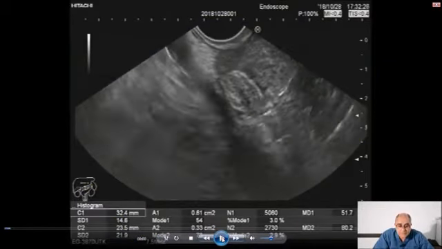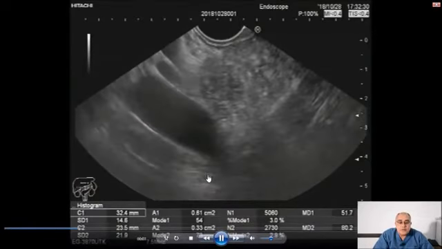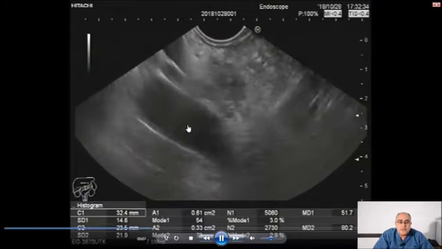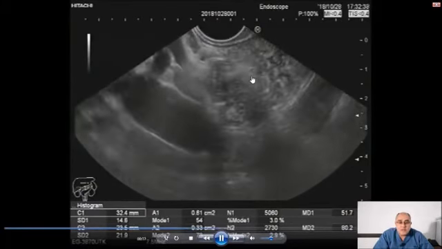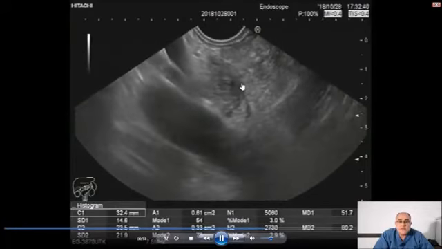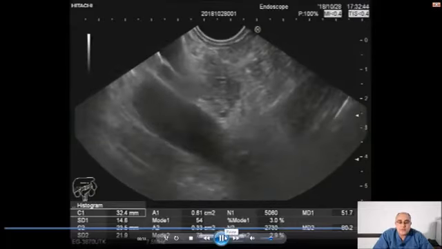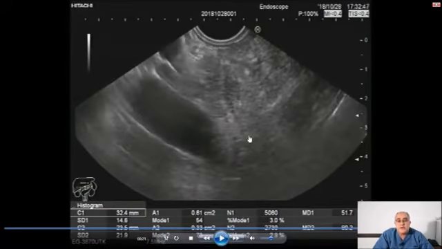Here, scanning from the deep second part of the duodenum with slight upward deflection by the big wheel, we can see a longitudinal structure which is the abdominal aorta. And here, this part of the pancreas at this side is the uncinate process of the pancreas. We can see it again from station 4 from the stomach, just below the cardia.